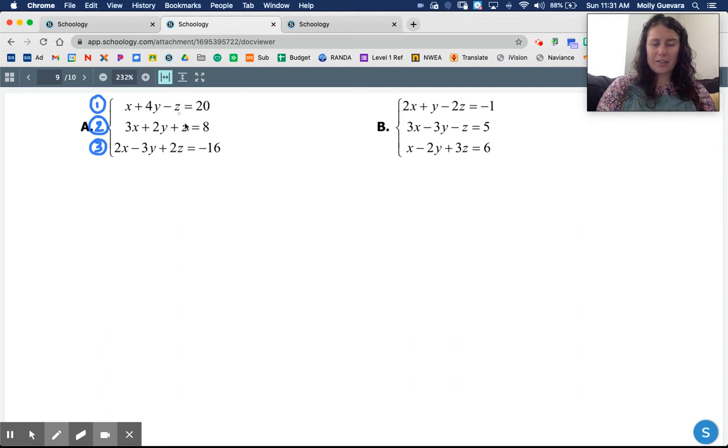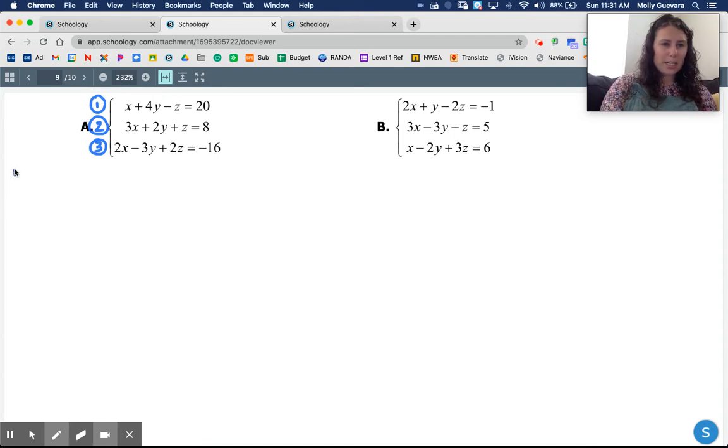But I get excited when I look at my z's because 1 and 2 already eliminate, and I don't have to multiply by anything. And then 1 and 3, if I multiply this by 2, then I get 2 and -2. So it seems a little bit easier. Remember, it doesn't matter. You can choose to eliminate the y's or the x's. But in this problem, I'm going to eliminate the z's.